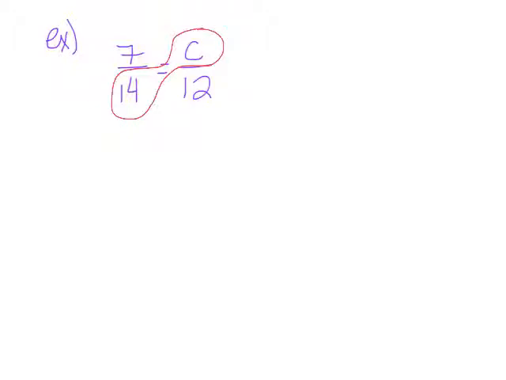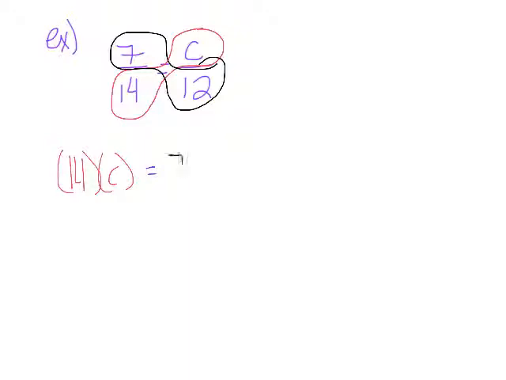So the first ones that I need to multiply are 14 and c together. And that's going to equal when I multiply 7 by 12. Whatever's on the numerator, whenever I do this cross product, I'm multiplying everything together. So now I have 7 times 12.